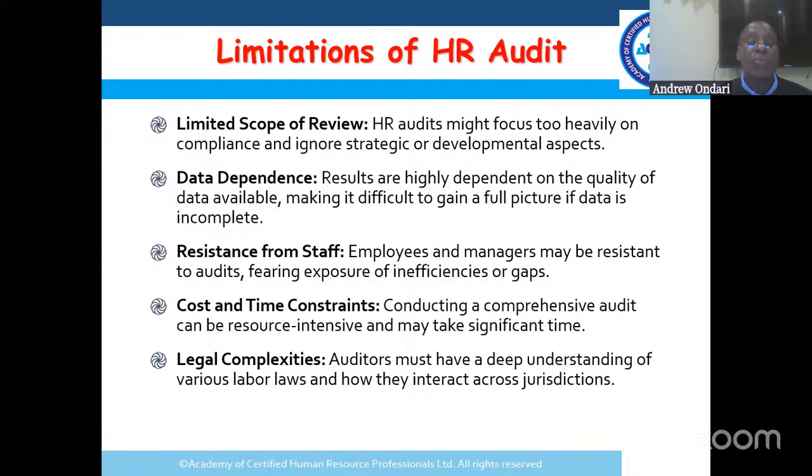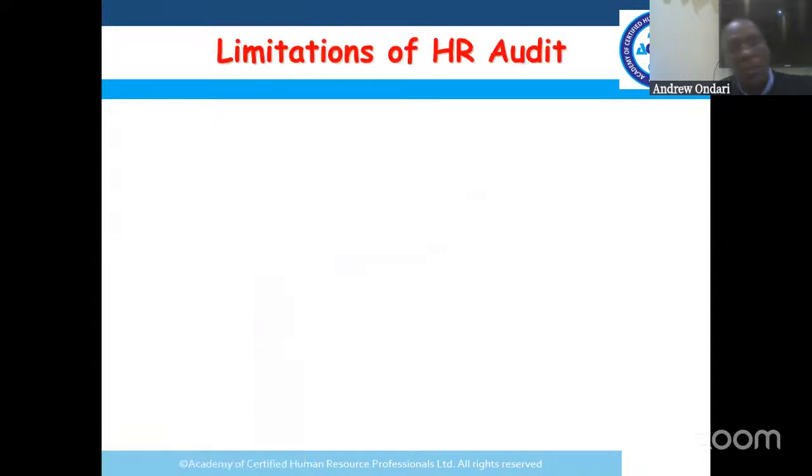So it becomes a bit difficult to compile a report where such documents are missing. Which means that HR managers have to work with other organizations and other departments to ensure that the data is available as and when needed.